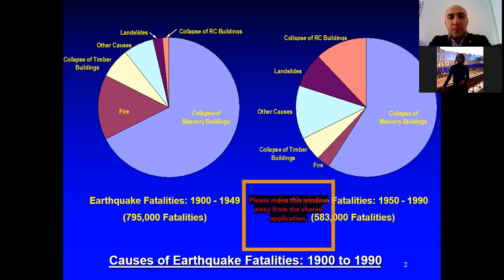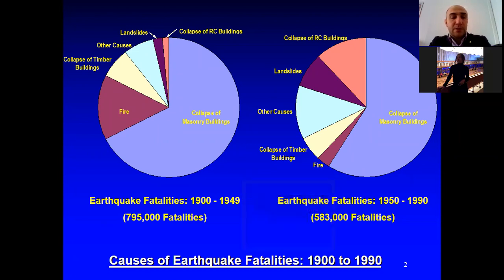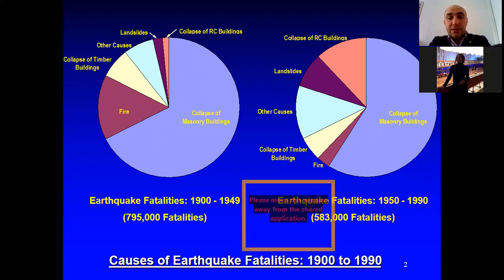The period from 1950 to 1990 shows us an increasing number of fatalities from the collapse of engineered structures, particularly reinforced concrete structures, as compared with 1900 to 1949.